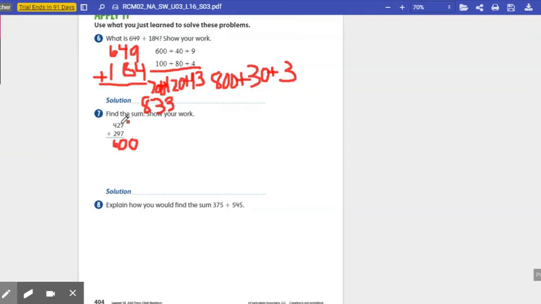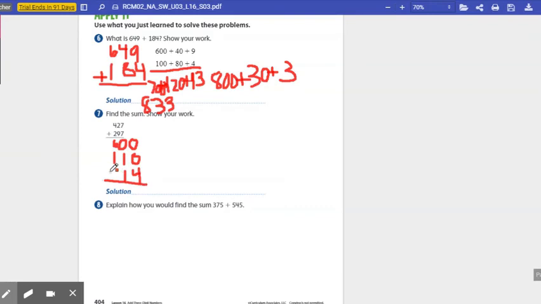All right, 2 tens plus 9 tens. So that would be 20 plus 90, which is 110. And then 7 plus 7, that's a double fact. That is 14.